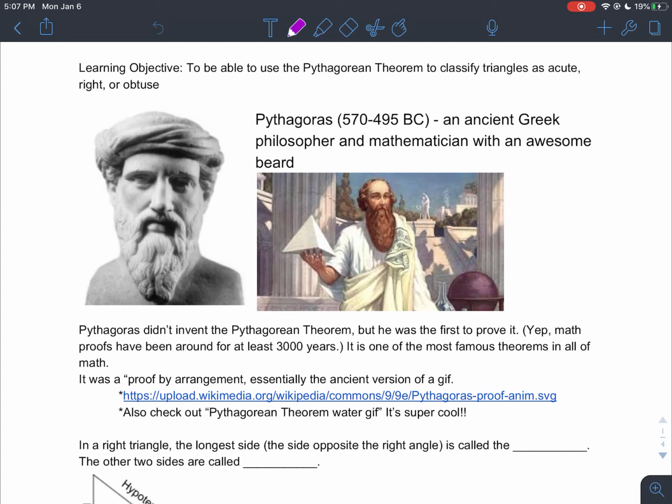So you know how much you love proofs, what we did in chapter 2. They've been doing math proofs for at least 3,000 years. So keeping history going, friends. And the Pythagorean theorem is probably one of the most famous theorems in all of math.